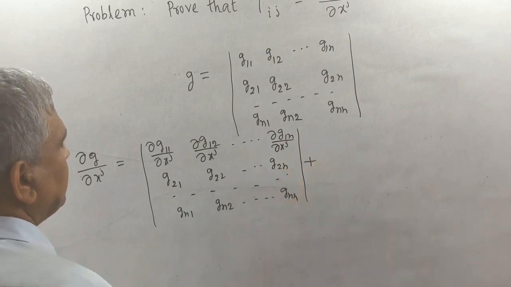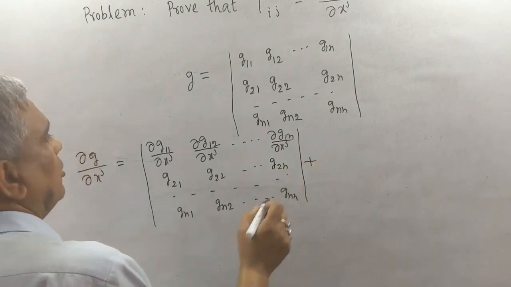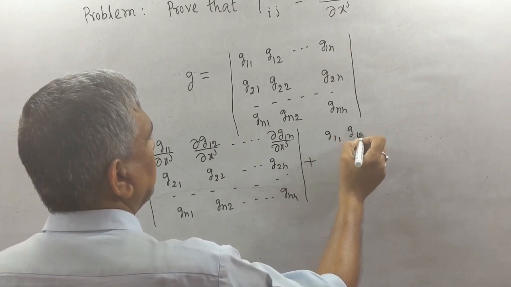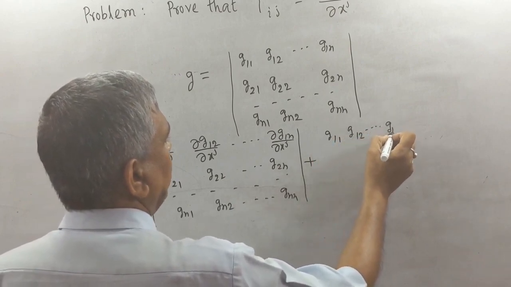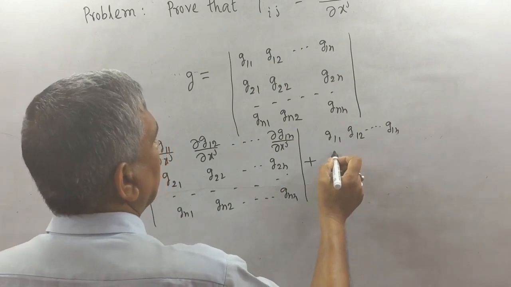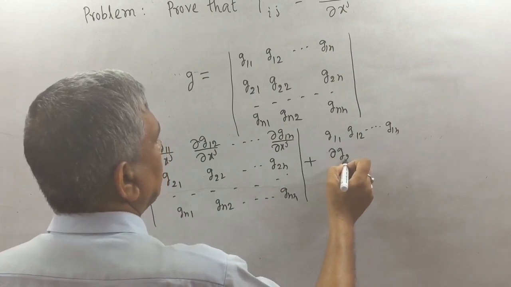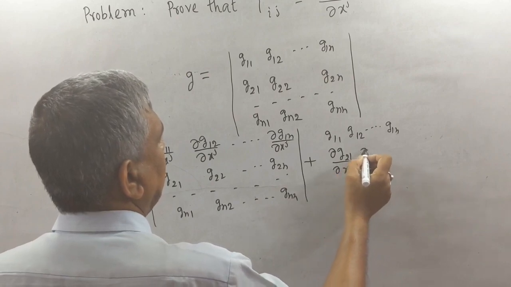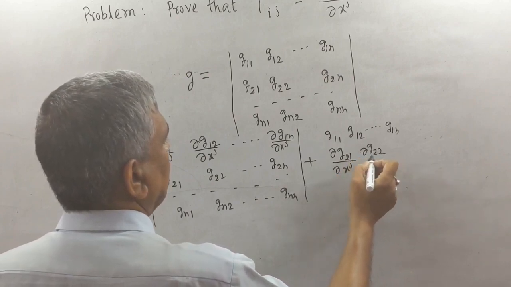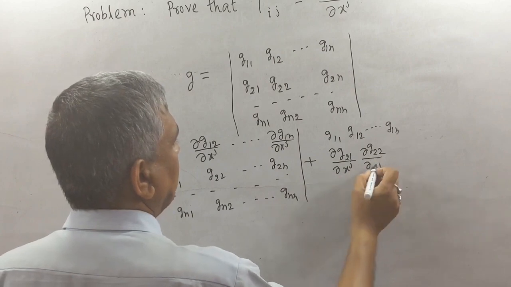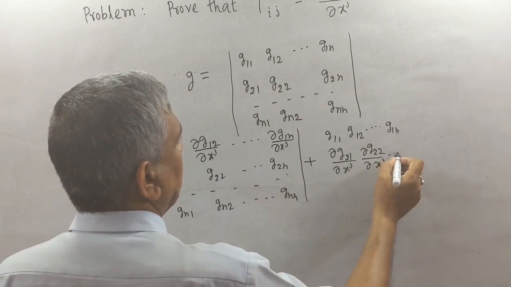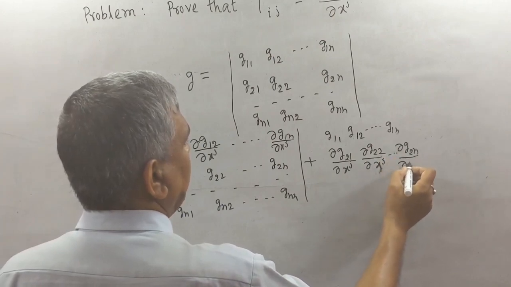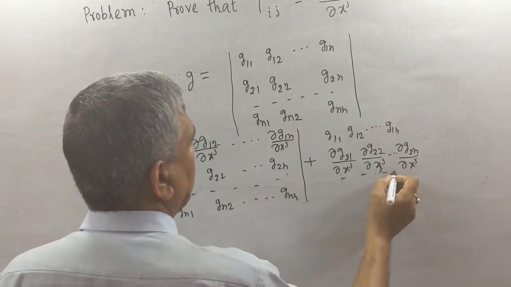Plus, now differentiate the second row. The first row remains the same: g11, g12, g1n. Then del g21 by del xj, del g22 by del xj, del g2n by del xj, dot dot dot.